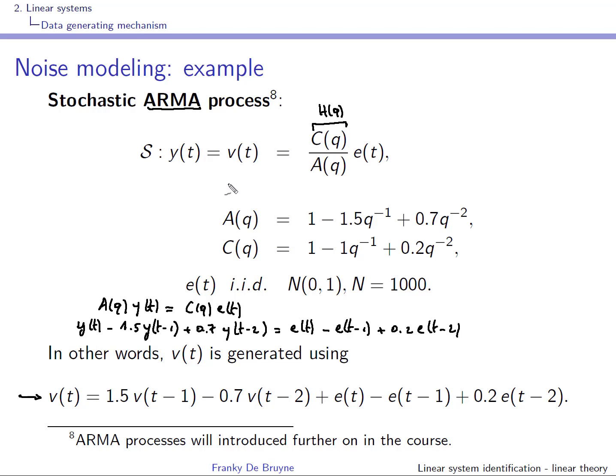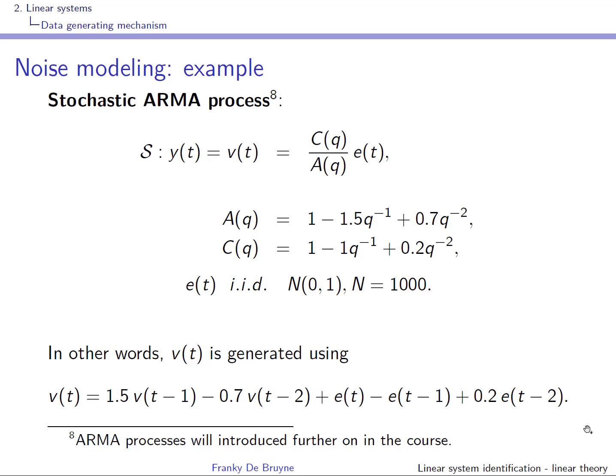In this case, since the process is purely stochastic, y is equal to v. So if you replace y by v and you take these terms to the other side, you obtain this equation here.